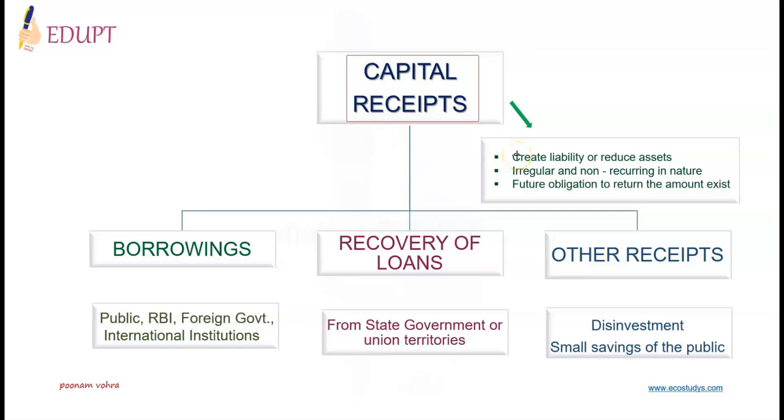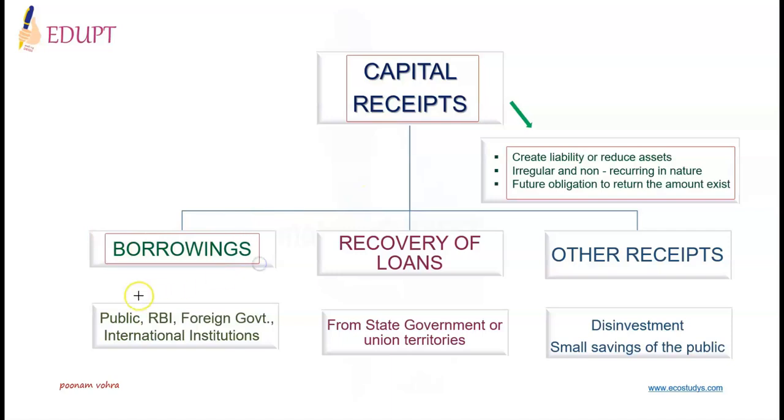These receipts create liability or cause a reduction in the assets of the government. So they are irregular and non-recurring in nature. So there is future obligation to return the amount that exists. Capital receipts are categorized into three. 1.